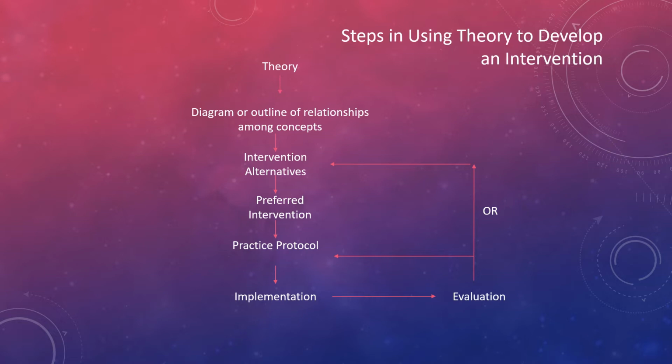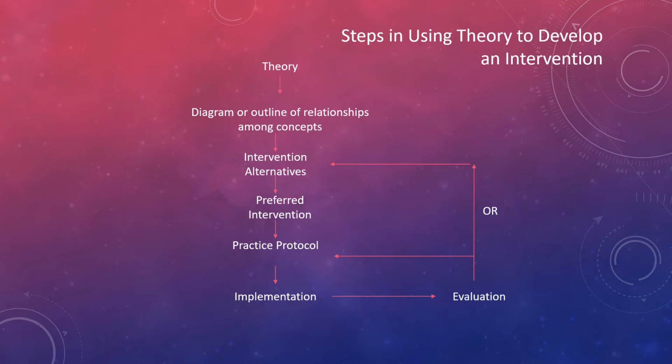And then you actually do the intervention and perform the implementation of that selected intervention, collecting the data during the process, and then using that data to go back and refine the practice protocol. This is where this arrow goes back into practice protocol, or looking at intervention alternatives.